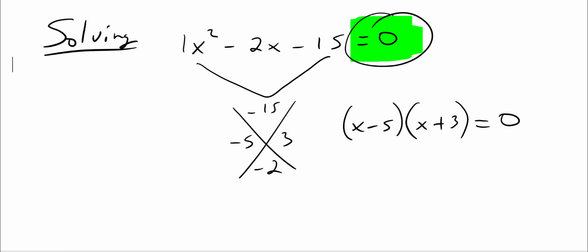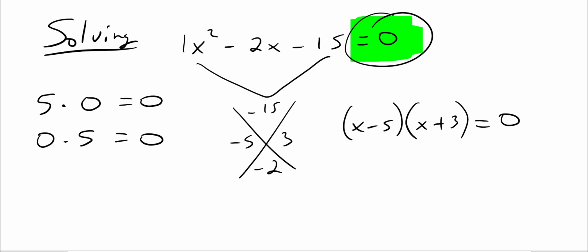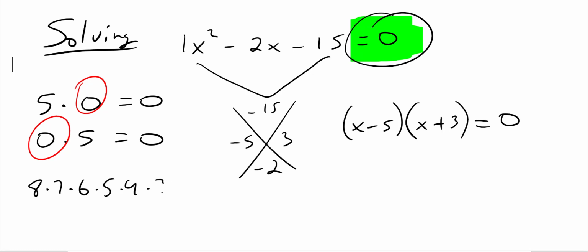This is to explain a little bit what's going on here, guys. Do you agree that if I said 5 times 0 is 0, or 0 times 5 is 0, as long as one of the numbers is 0, the whole thing goes to 0? Both of them don't have to be 0, just one. In fact, if I gave you a problem of 8 times 7 times 6 times 5 times 4 times 3 times 2 times 1 times 0, as long as one of the numbers is 0, the whole thing goes to 0.